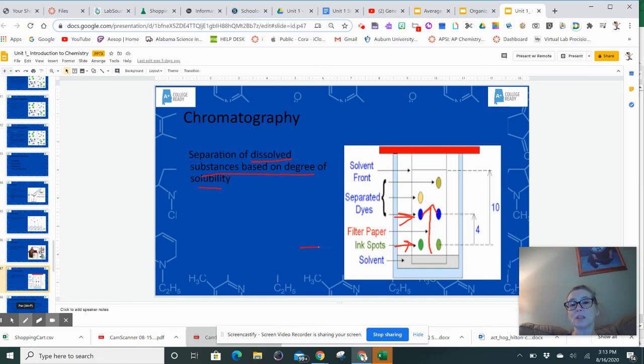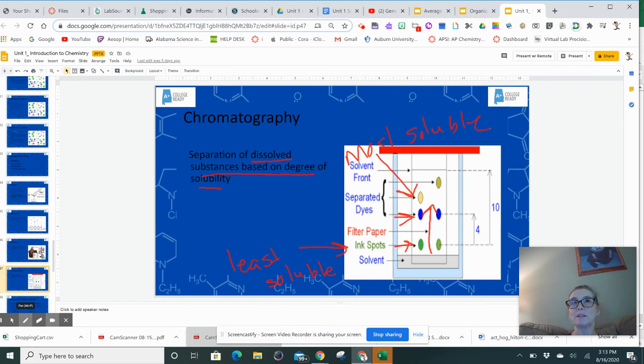So these are the things that are the least soluble, because they don't stay dissolved very long. Whereas this is the ink color that is the most soluble, because it traveled the farthest up the paper. It stayed in solution the longest.